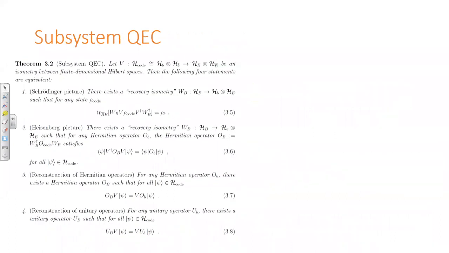There's a slight generalization of quantum error correction you can do. It's called subsystem quantum error correction, where your H code splits into a tensor product of H little b and H little b bar. This is in fact what Daniel Harlow was using in his theorem. In this case, rather than requiring that using HB there's an isometry that gets you back all of H code, all it has to do is get back the reduced state on little b. All it has to do is recover that subsystem of the logical code space.